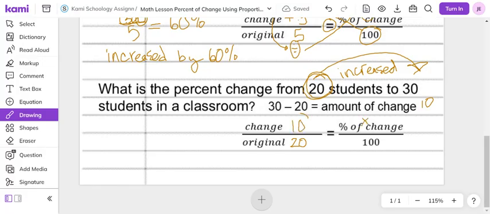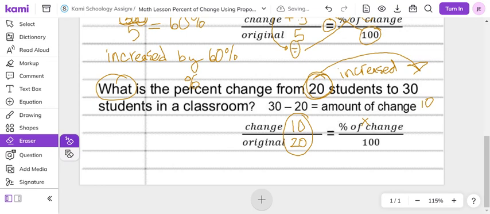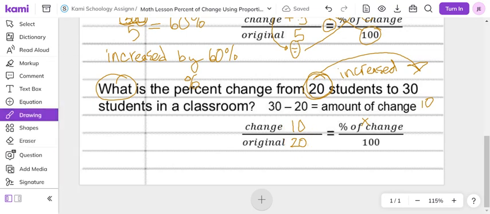So we can put the change over the original, and then we can put the unknown percent, because that's the question. What is the percent? And now that we have the proportion set up, we're going to focus on the side with the variable, the unknown, which is asking about the percent.